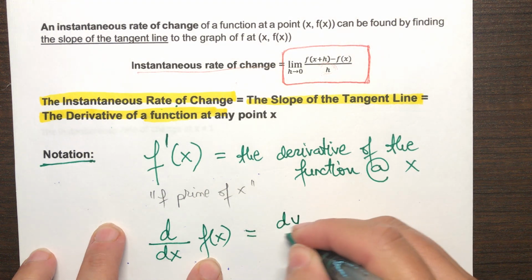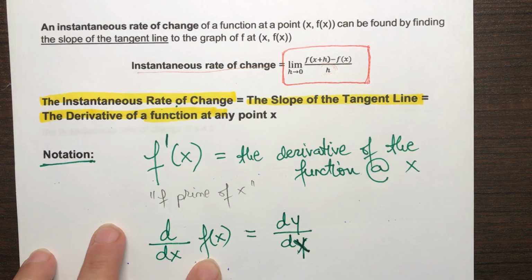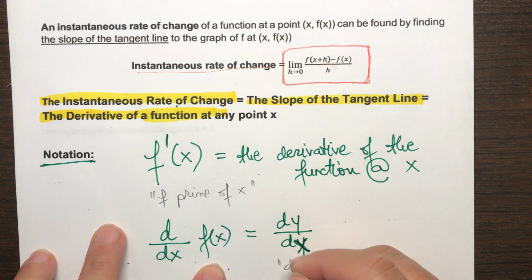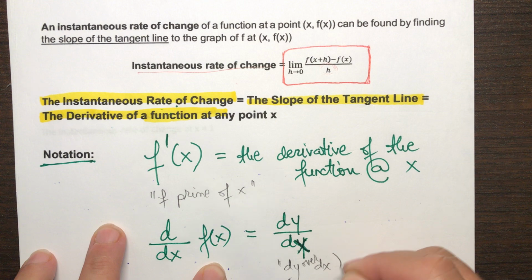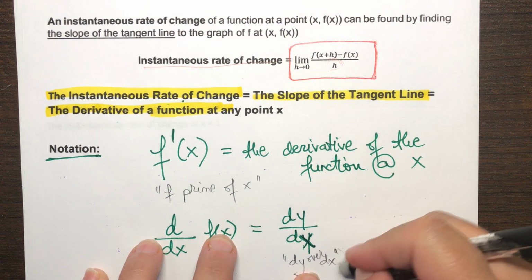Sometimes if we're using the y, you're going to see dy dx, and that's how we read it, dy dx. It's dy over dx, but we just say dy dx and we know it's over.